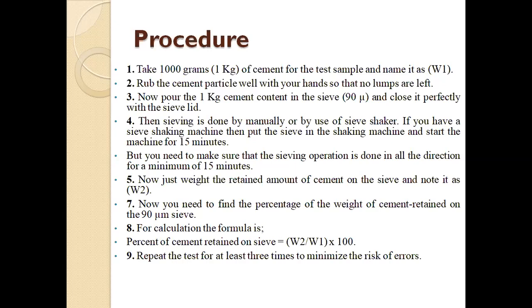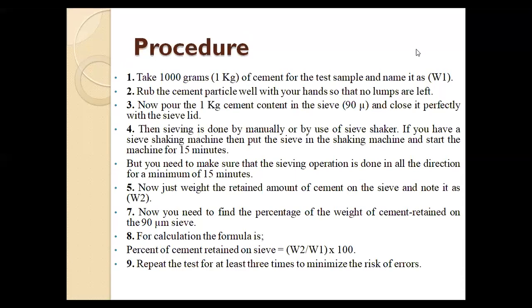For example, if after sieving the weight retained is 5 gram and the weight taken is 1000 gram, then the percentage of the fineness of the cement, the percentage of the cement retained on the sieve, is 0.5%.